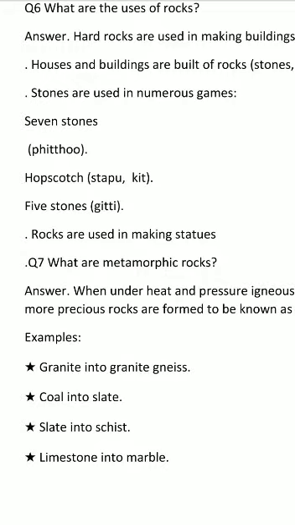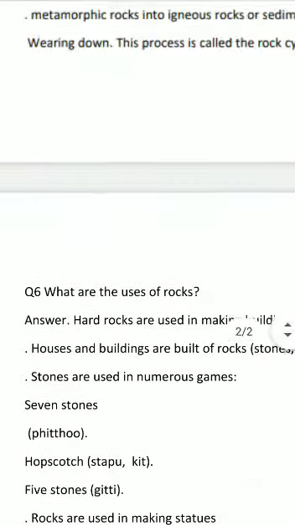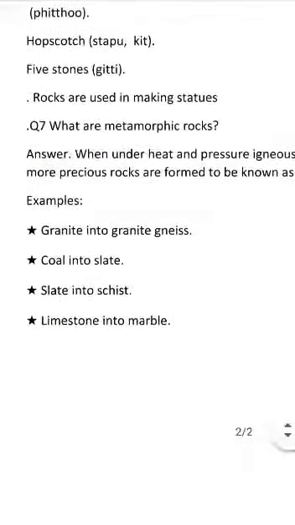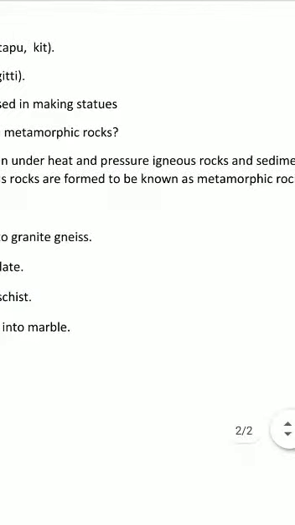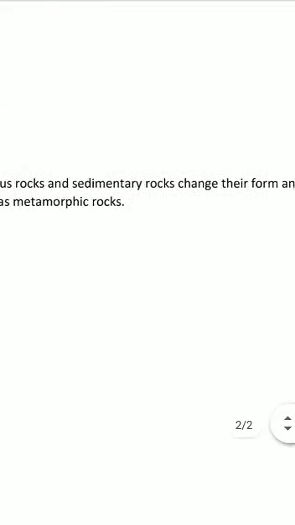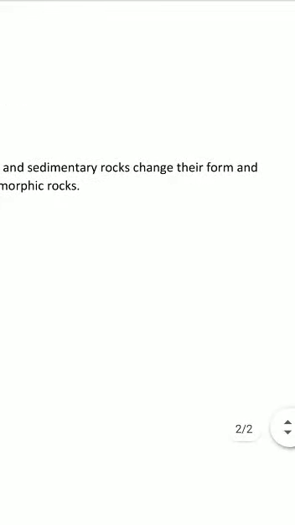Next, what are metamorphic rocks? Again, in the previous question number 5, we have discussed about rock cycle. There we see, when under great heat and pressure, igneous rocks and sedimentary rocks change their form. We have discussed that metamorphose means change in form.